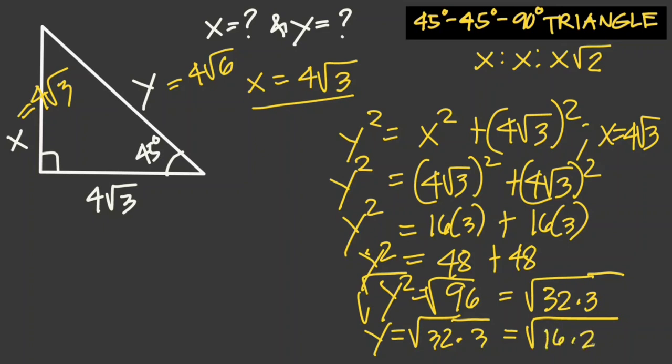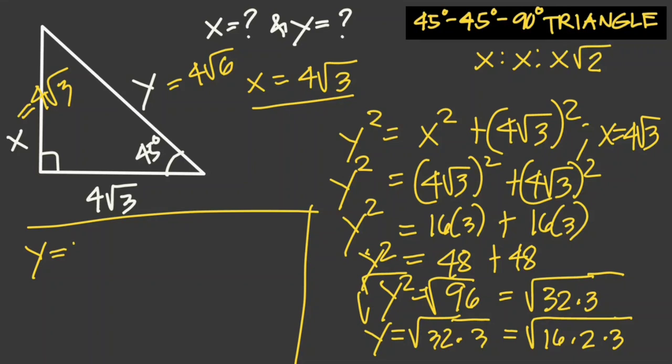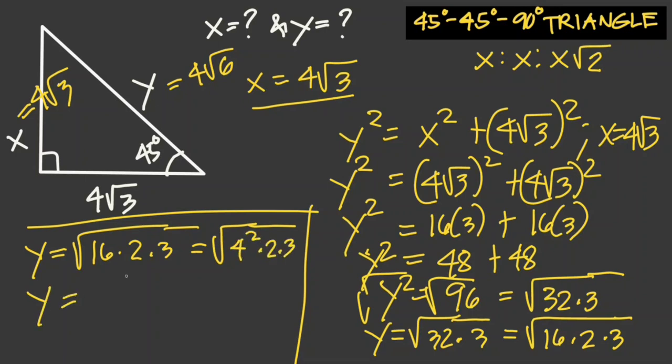So y is equal to the square root of 16 times 2 times 3. 16 is a perfect square, so we can write 16 as 4 squared. So y would be equal to 4 square root of 6, because 2 times 3 is 6. So we get the same answer for both methods.